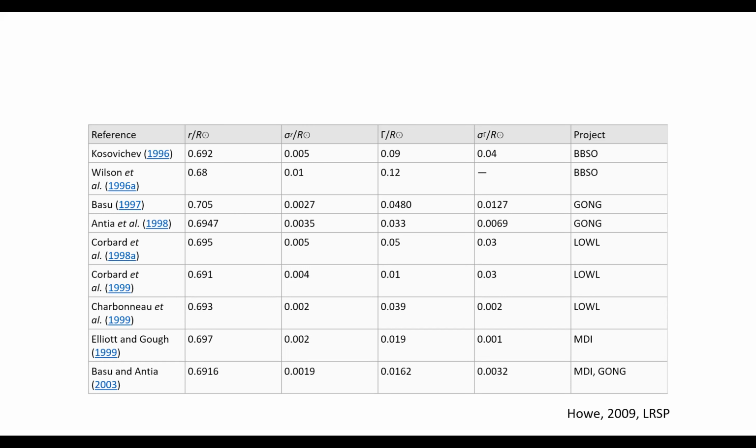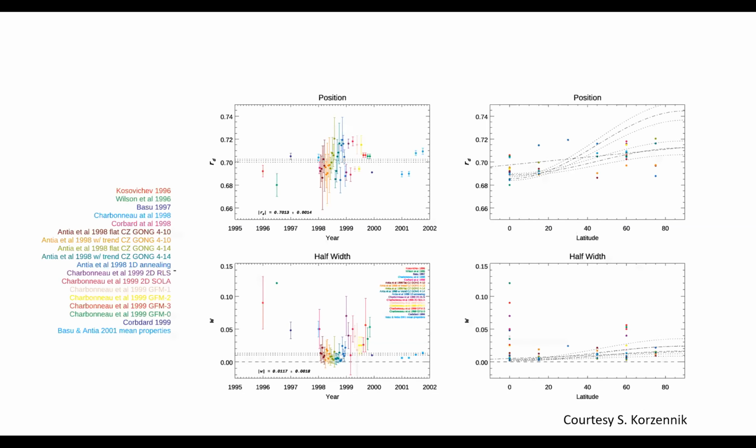So this is a table from Rachel Howe's review again, and as I was saying, the assumed location, whatever that means, is below the base of the convection zone, but there's a fair amount of variation in the assumed width, and this is an even better demonstration of this. I got this from Sylvain.